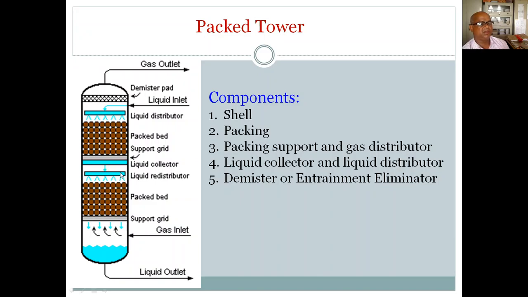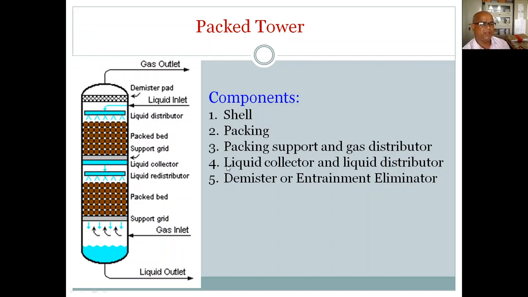This is simple. Liquid collector and liquid distributor. And demister or entrainment eliminator. This is the demister. This is nothing but a mesh where, if there is some liquid entrainment and gas carries liquid droplets, then that will resist coming upward.